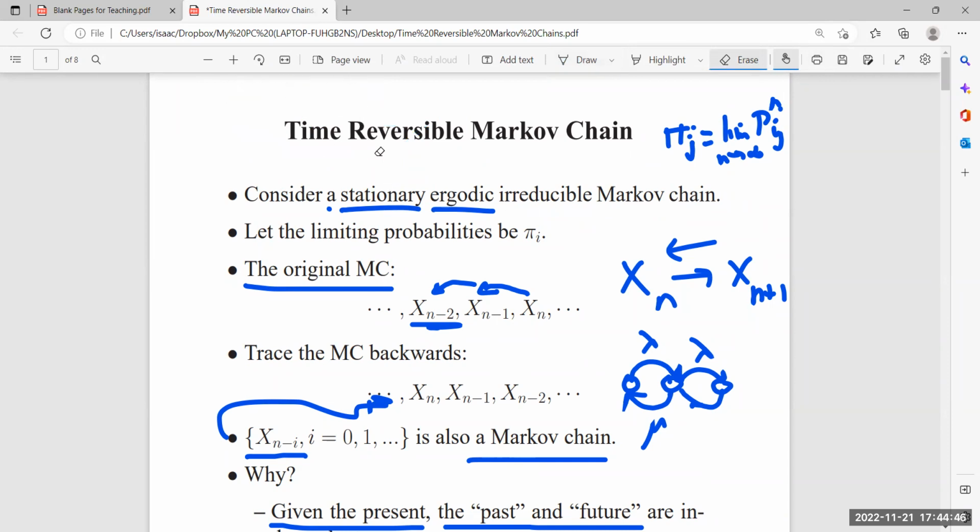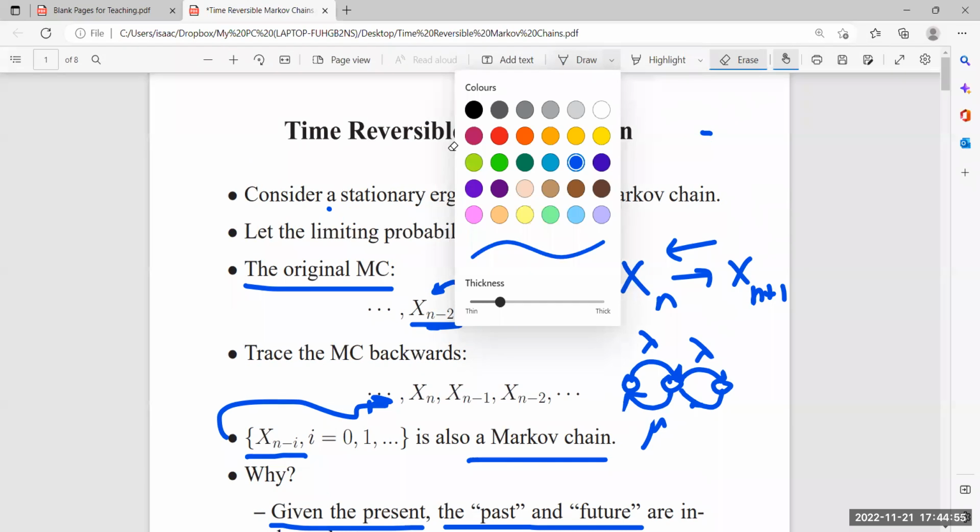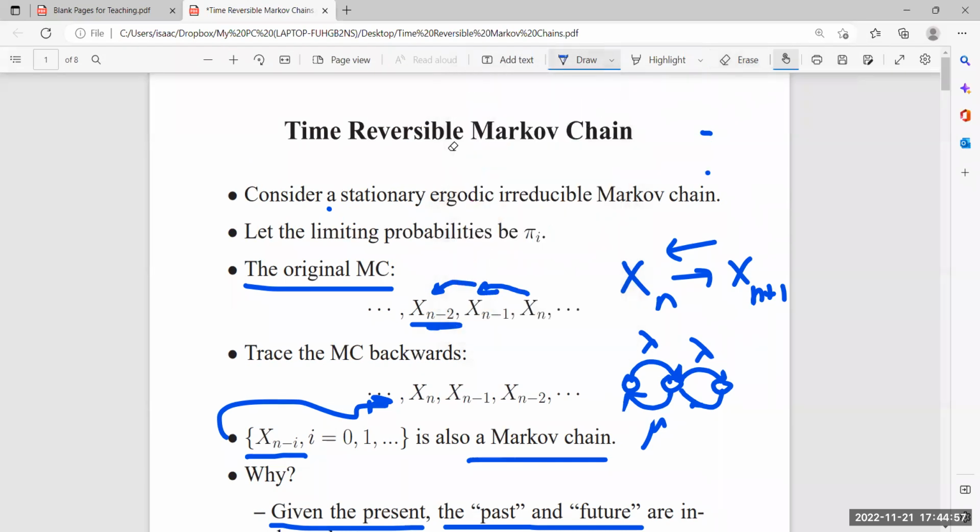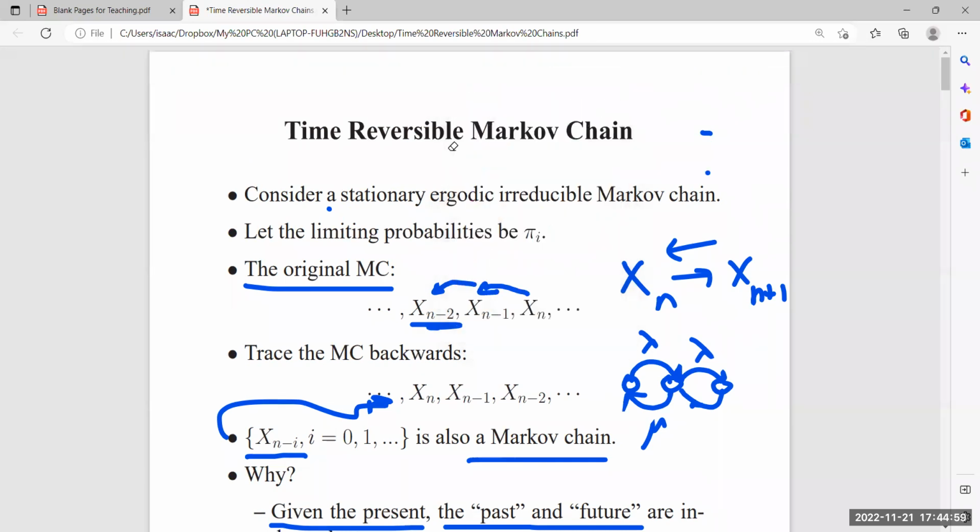So we will be assuming that our initial Markov chain is ergodic, right? So we have this theorem that says that if that condition holds, then pi j is the limit as n tends to infinity of P_ij to the n.